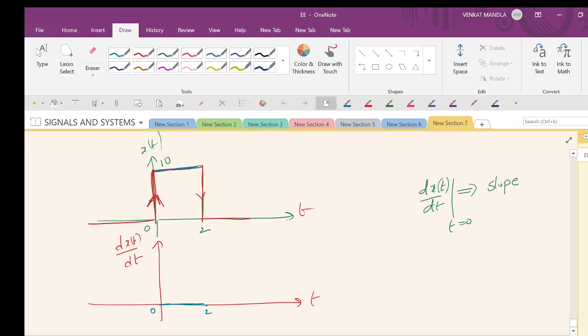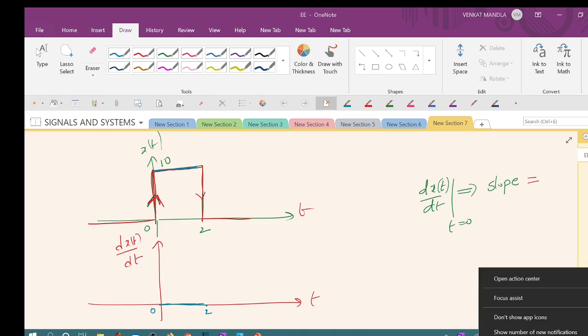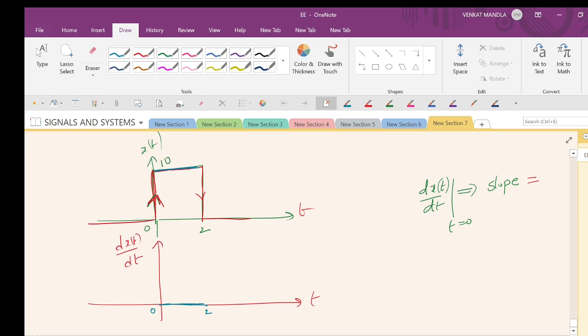The slope of the vertical line is infinity. So we have to replace dxt by dt, we have to replace that discontinuity with infinity. So to represent infinity, we have only del t. Okay, but we have an amplitude of 10 here. So we need to replace it with 10 into del t.